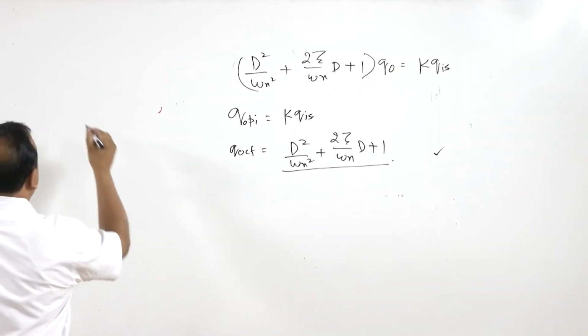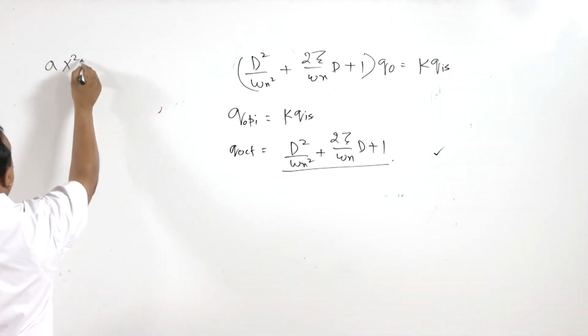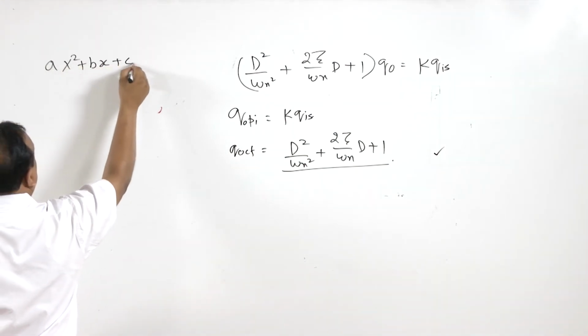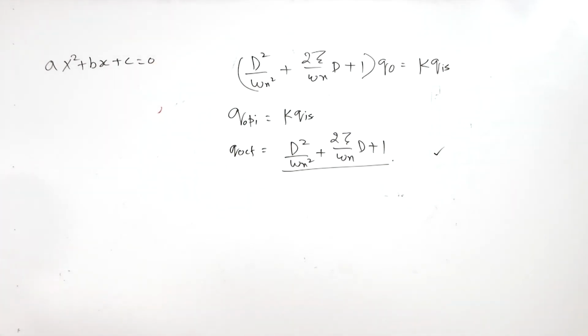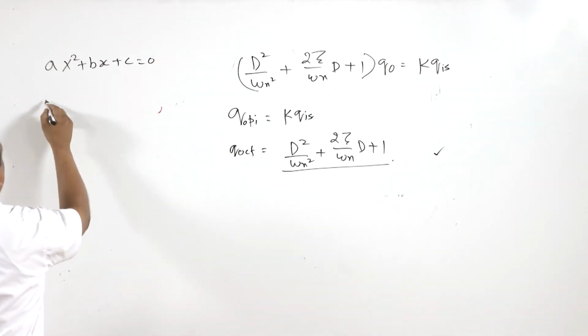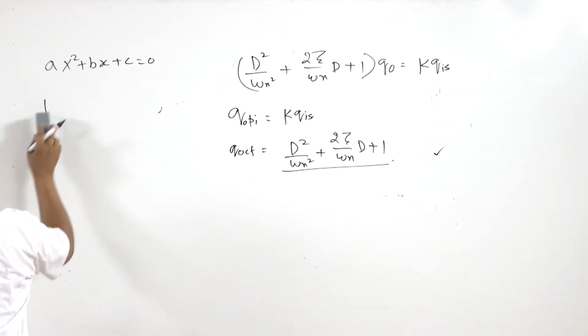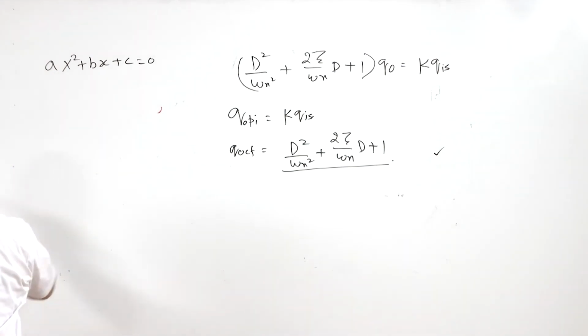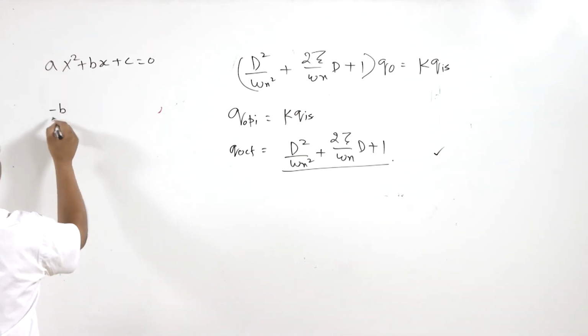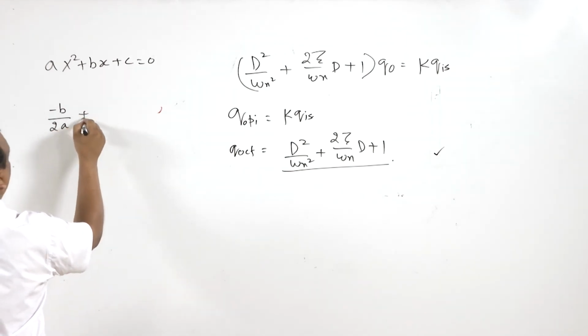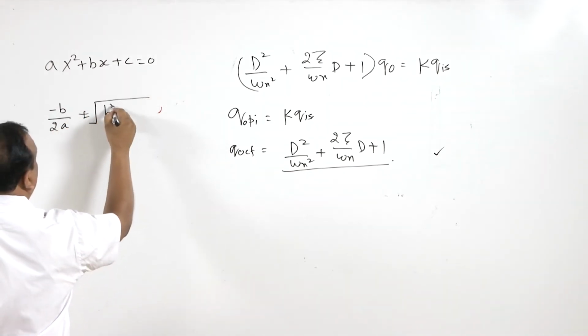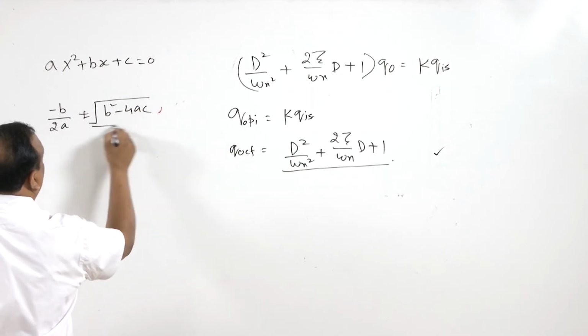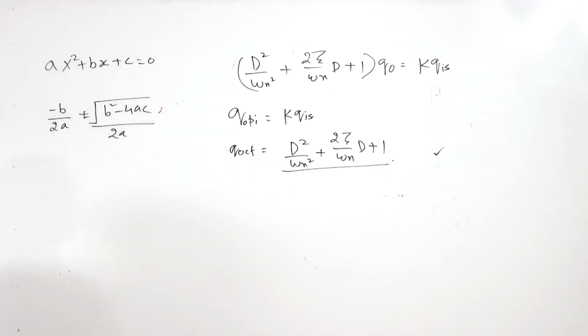If you compare this with a x square plus b x plus c equal to 0, in this equation the roots are minus b by 2a plus or minus under root b square minus 4ac, divided by 2a.